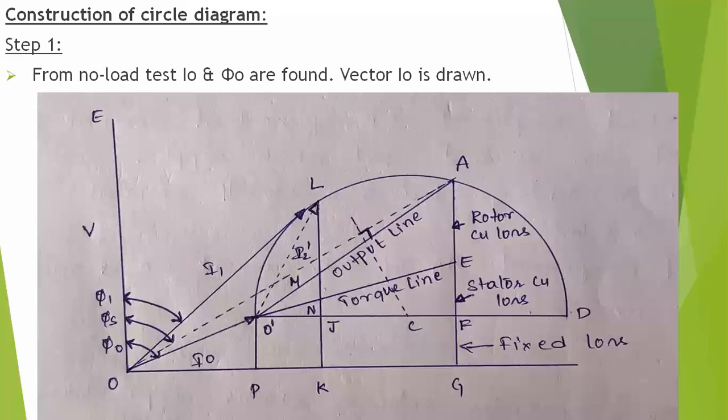All the voltage vectors to this line are drawn vertical. All vertical distances, measured from this horizontal line, represent the active or power or energy components of the currents.